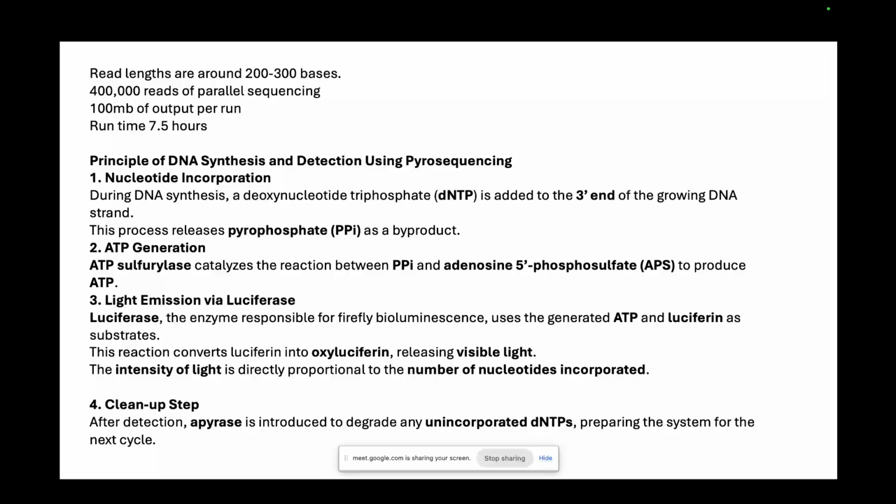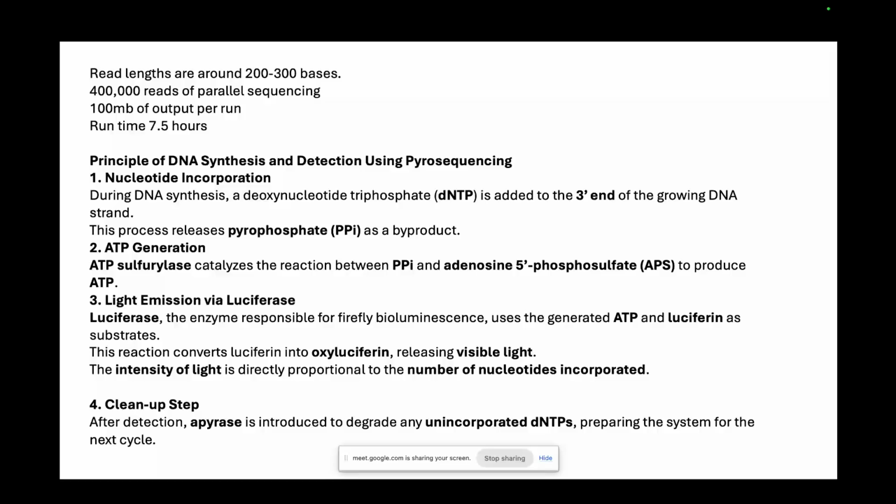Now this ATP will go and drive luciferase to convert luciferin and other substrates, which gives visible light. That gives out the signal, which can be read by a signal detector, and then transformed into which base has been incorporated at that particular position.